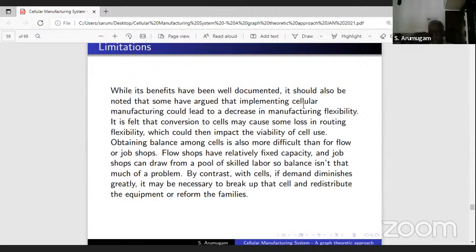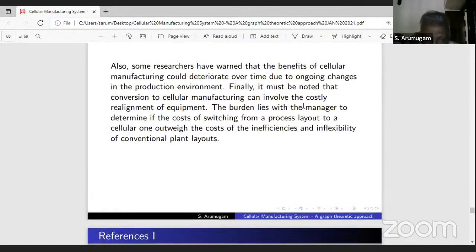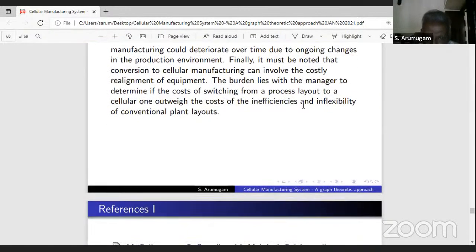When you go for upgradation of the system, cellular manufacturing system may be more difficult to implement upgradation in the system. So these are some of the limitations reported in the literature.